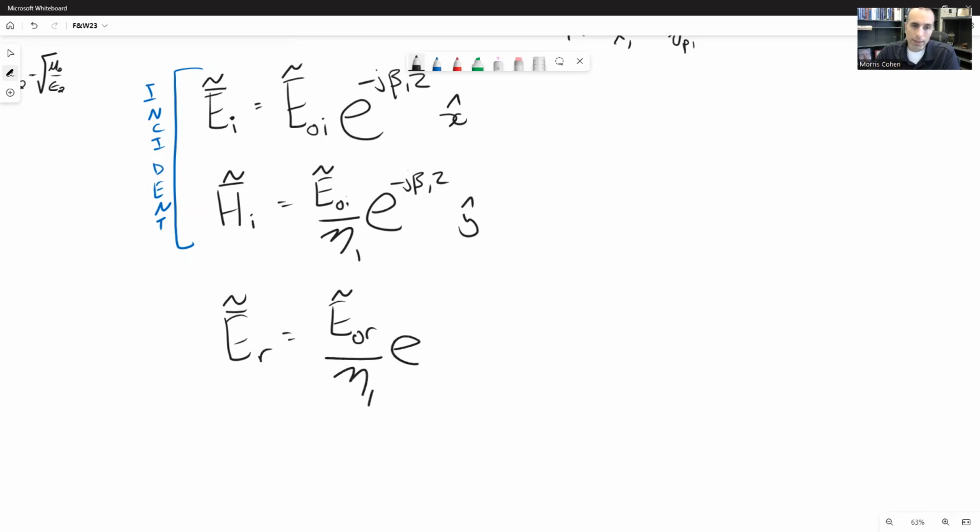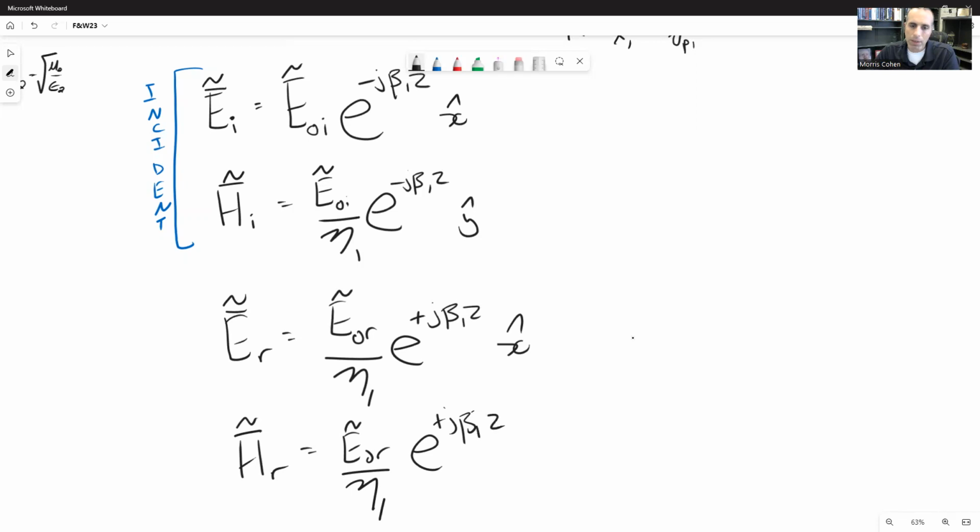This is still propagating now in the negative z direction, but it still has a wave number of beta 1 because it's propagating in material 1. And this will be in the x direction. And then the reflected magnetic field equals E0R divided by eta 1 times e to the positive j beta 1 times z, again in the y direction. Remember the placeholder here.